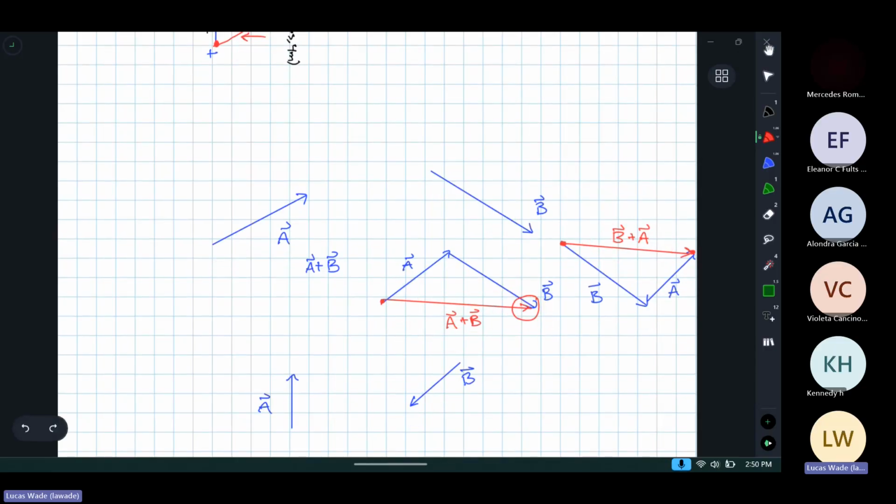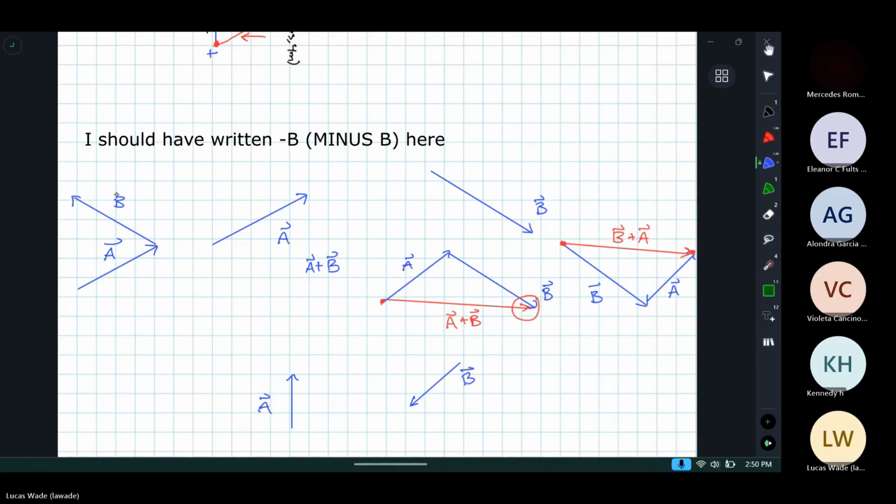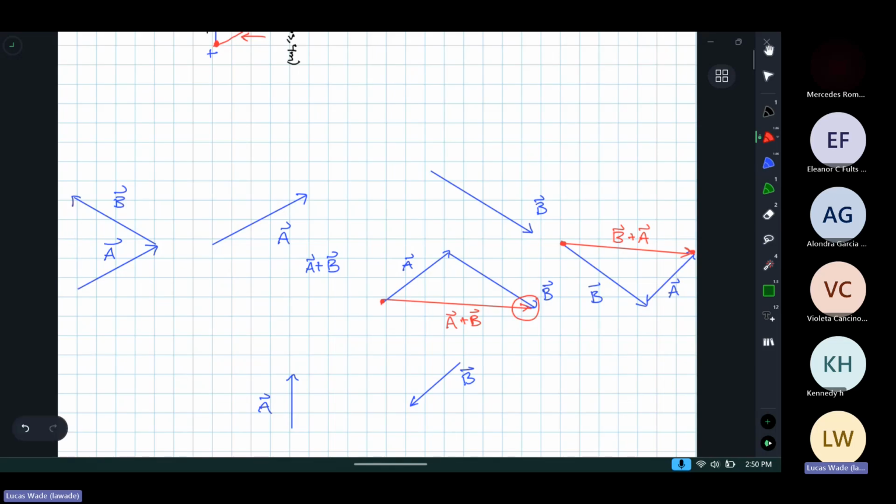For vector subtraction, the order is a little bit more important. So if I do, say, A minus B, again for these first two vectors, A minus B actually means A plus the flipped over version of B. So I imagine myself walking along A and then along the flipped over version of B. A minus B is the shortcut I could have taken instead.